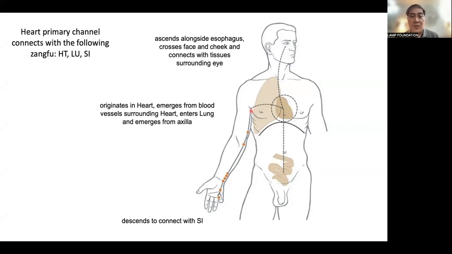From here, the channel descends along the medial border of the anterior aspect of the upper arm to the antecubital fossa, where it continues downward to the capitate bone, proximal to the palm. It then enters the palm and follows the medial side of the little finger to the fingertip.